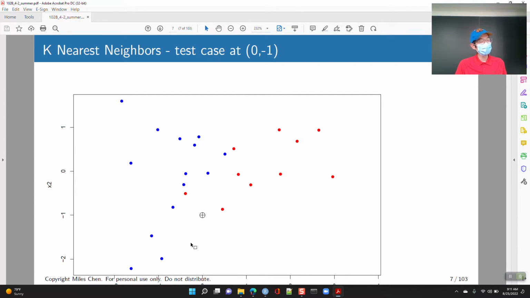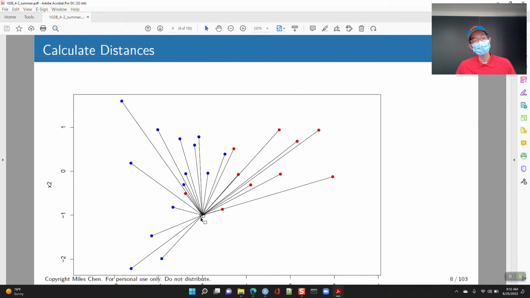the first step is to measure the distance from this test case at 0, -1 to every single other data point. So I've drawn these lines representing these distances. Now you might say, well, that seems silly. Obviously, this point is far away. Why do I need to calculate the distance to this 1 point? Well, in 2D, it's very easy to spot distances. Our eyes can easily recognize that these two things are far away, these two things are close.